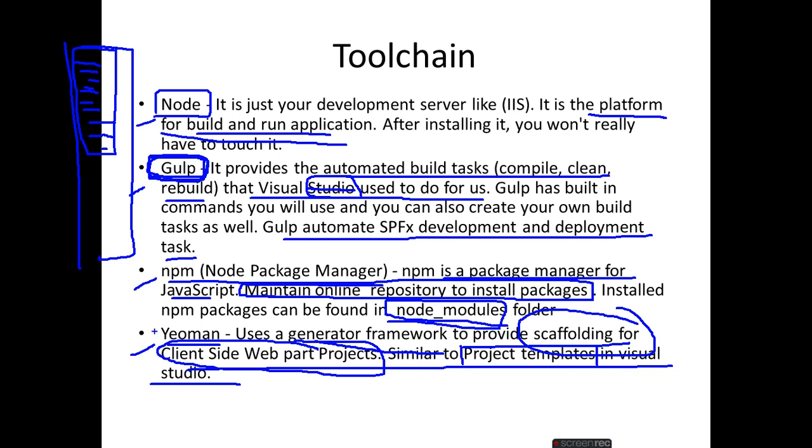These four things are really important, so you need to understand their meaning. There is a common question everywhere: what are the different toolchain pieces, or different things related to SPFx? You need to tell these four things, and those are very important.